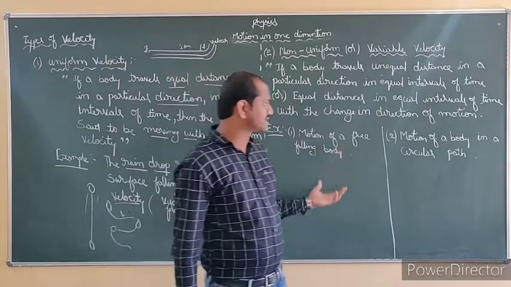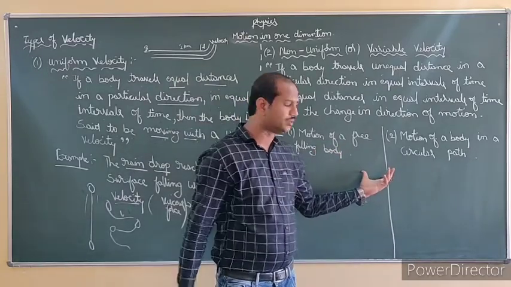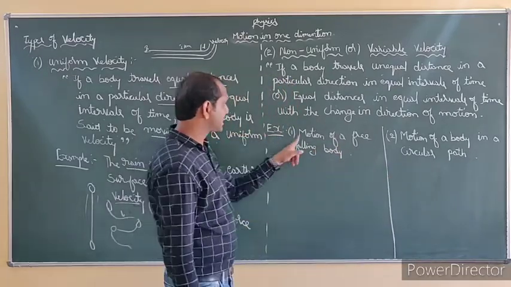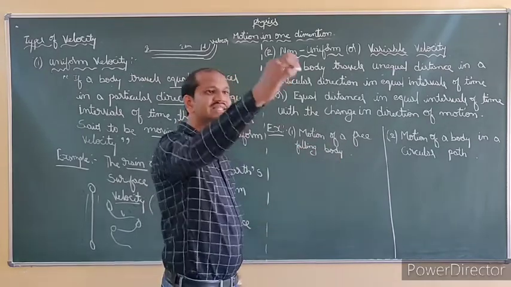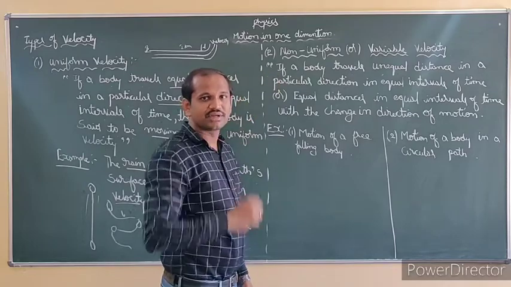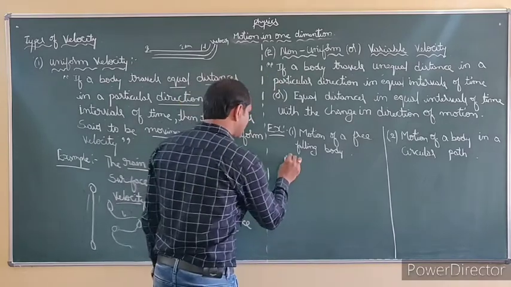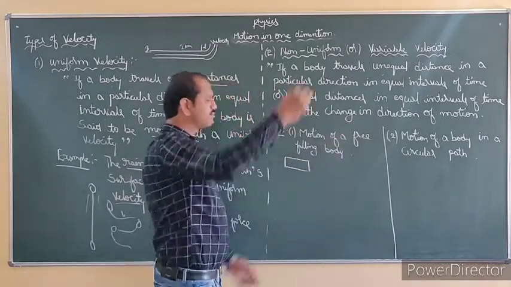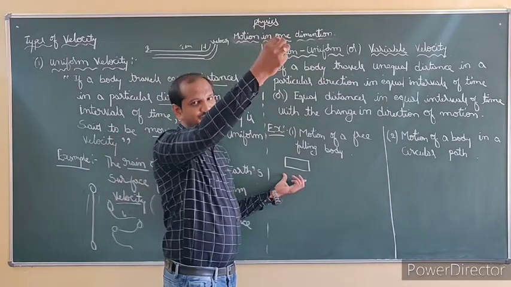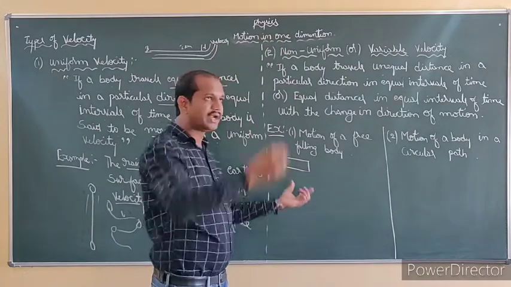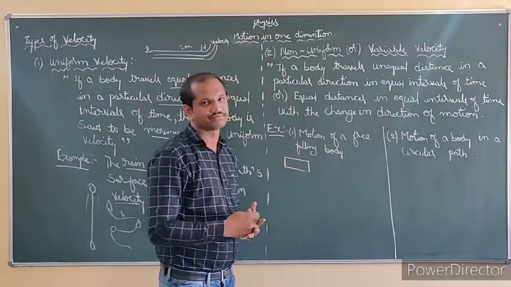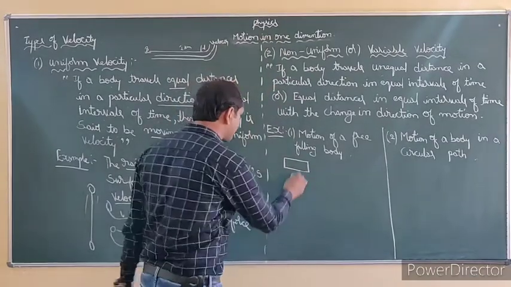I have two examples here which are given in your textbook too. I will explain this. See example one: motion of a free falling body. Now think this is chalk. See this ball or anything at a height. I have kept it at a certain height and I made it fall to the floor.